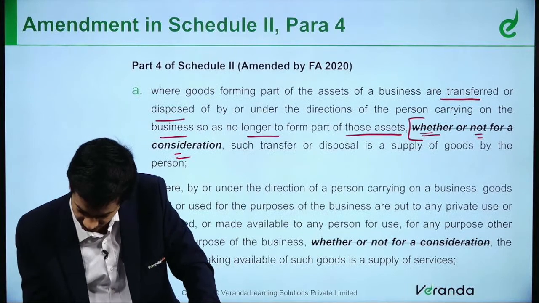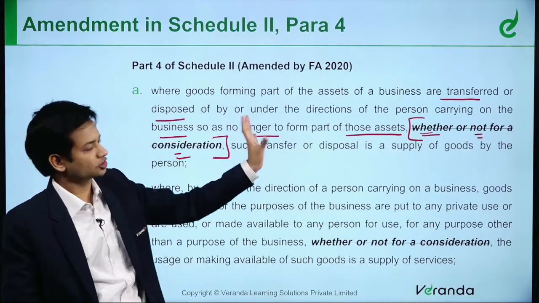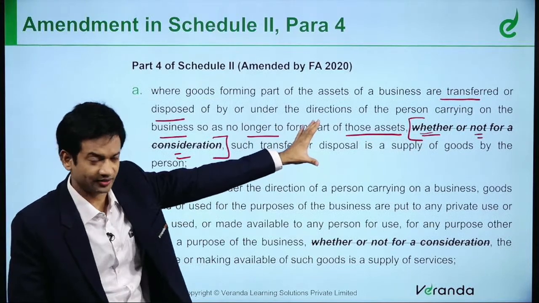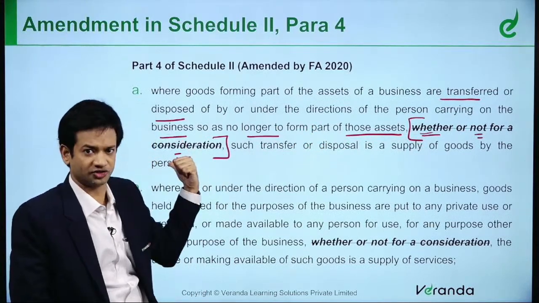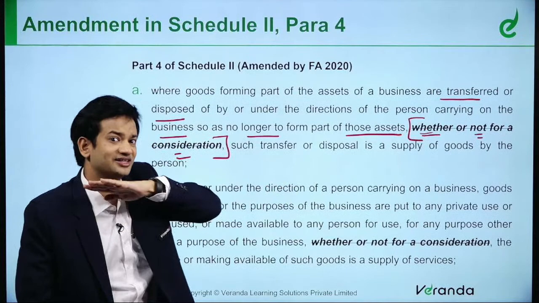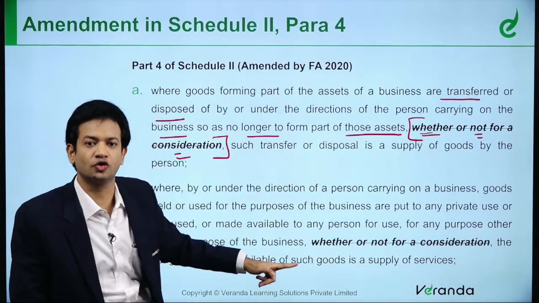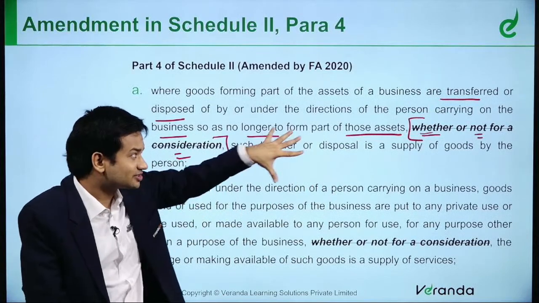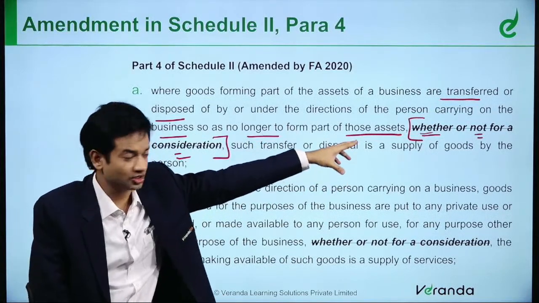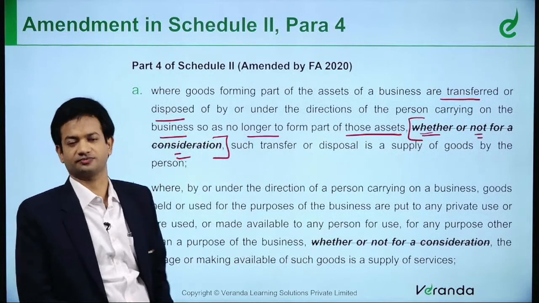Now what is this whether? This clause said transfer of asset, whether or not for consideration, such transfer or disposal is a supply of goods by the person. So this clause said it is supply of goods whether or not for consideration.